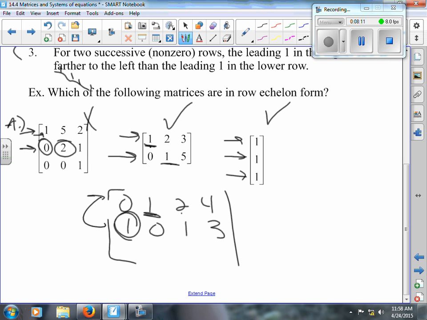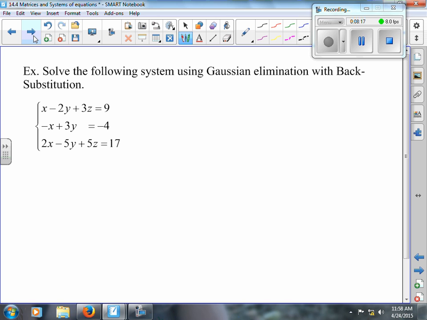You would have to switch these rows, and then you would be in reduced row echelon form. And so that's the goal. We're going to take a system of equations, put it into an augmented matrix, and then do row reduction operations until we get reduced row echelon or row echelon form, and then we can back substitute. All right, so let me show you how this works.